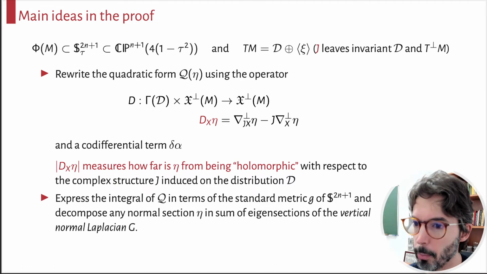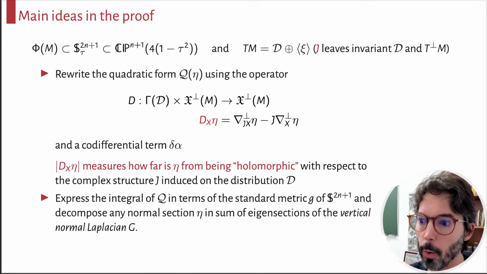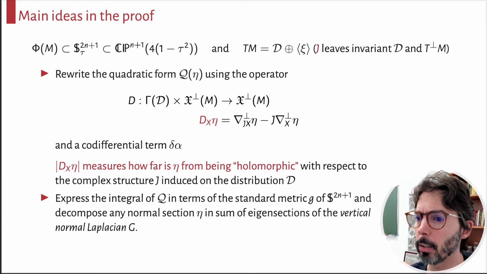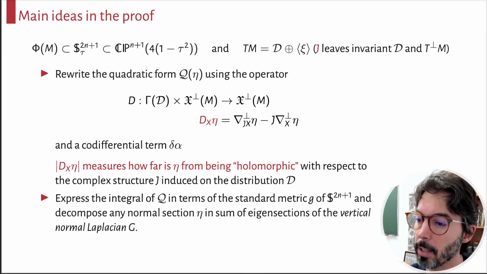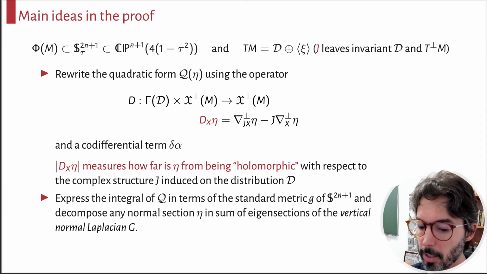Since both the Berger metric and the standard one are related by the parameter tau, we can write down everything in the standard metric and decompose any normal section into a sum of eigensections of the vertical normal Laplacian.